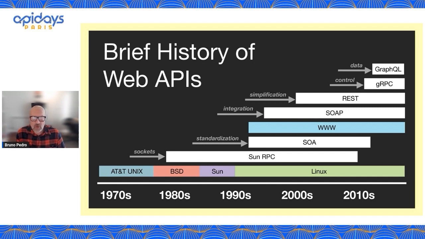SOA became very popular, and in fact, it became the origin of one type of API that some of you might be familiar with, called SOAP. This was the main type of API that was behind this SOA movement and behind the notion that you could build applications that were constituted by parts or features that were spread over the network.